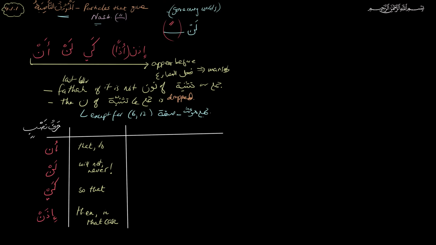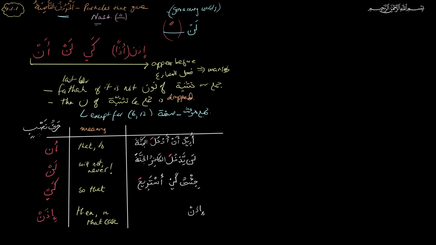Here some examples are given, and I've written some sentences. So an means that or to, lan means will not, never, k means so that, and izan is then, in that case.